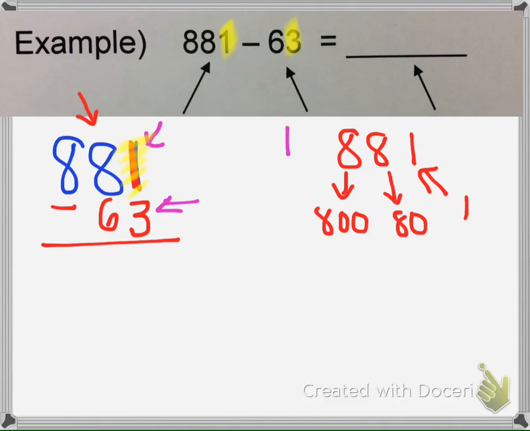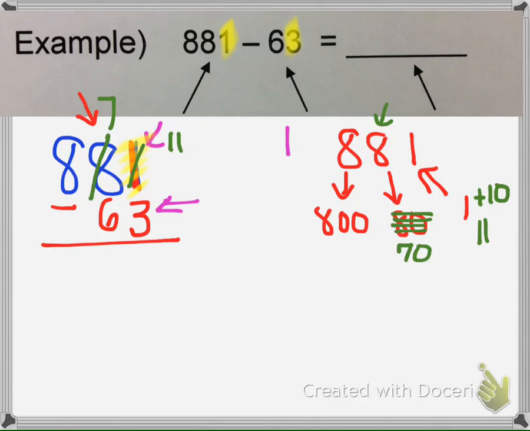So what we're essentially doing is borrowing a 10 from next door, because this is the tens place here. If we borrow 10 here, that's now going to make it 70. So that 8 is going to change to a 7. And we're borrowing 10 and putting it over here, which now makes this an 11. You could think of it as borrowing 1 to make it now 11.